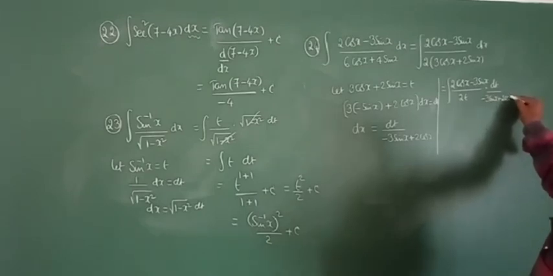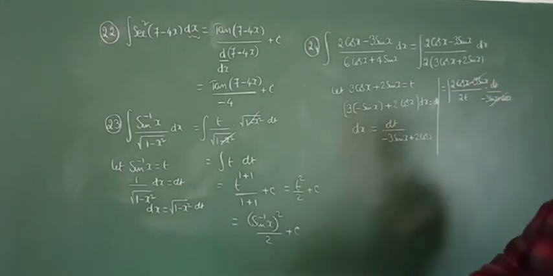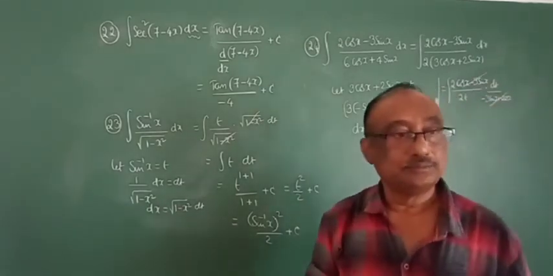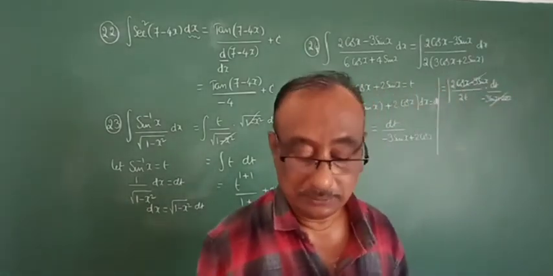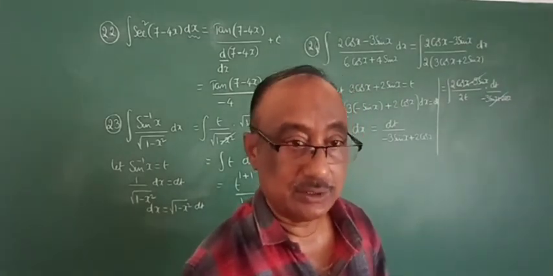Okay? The denominator is 2t. Now cancel these two. Take 1 by 2 common.